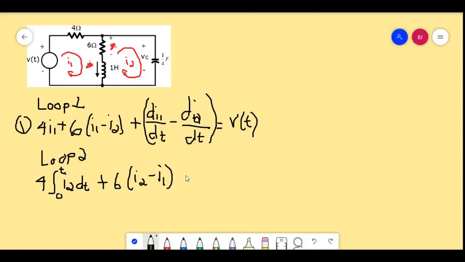And then we have this one as well, but the opposite: dI2 over dt subtracted by dI1 over dt.